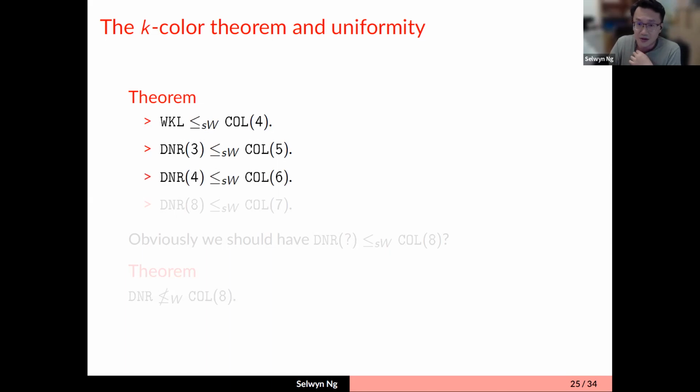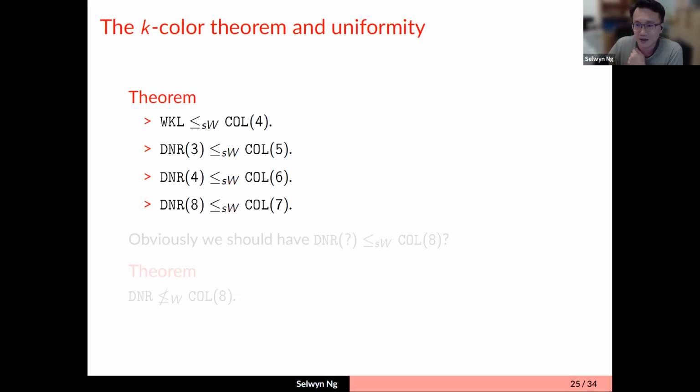For the 6-color theorem, it turns out that you can reduce to the principle DNR4. Now for the 7-color theorem, you would expect DNR5, but for some strange reason, DNR5 doesn't quite work, but somewhat uncomfortably, we were able to show that DNR8 reduces to the 7-color theorem.